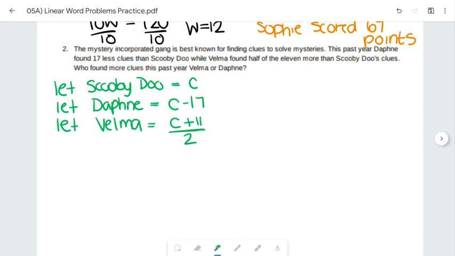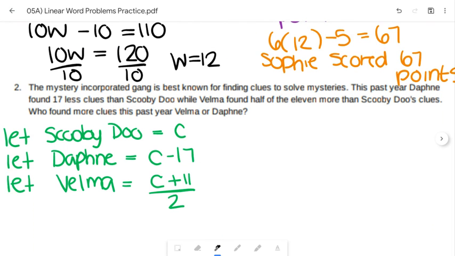Now, in this case, I just forgot to mention that the total amount of clues was 96. That's something that would have normally been in the problem.